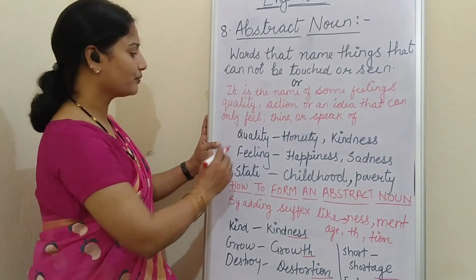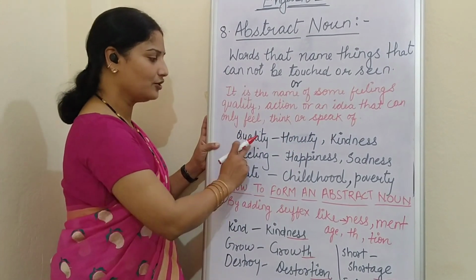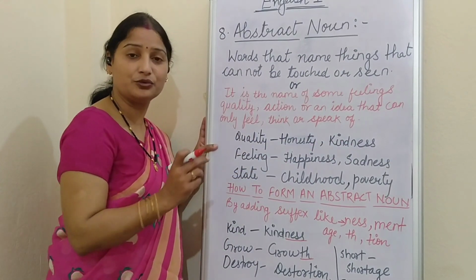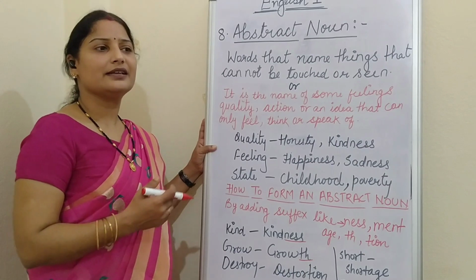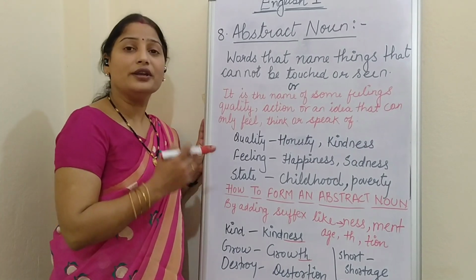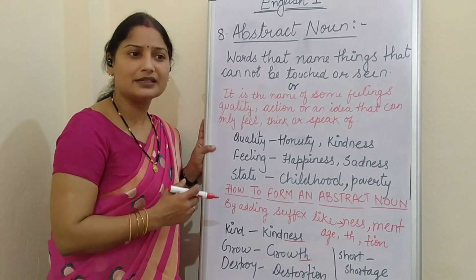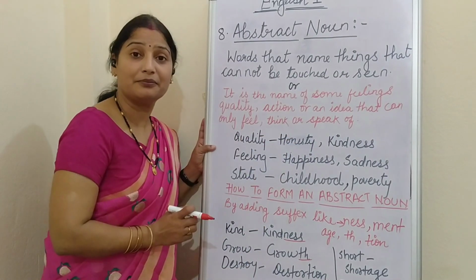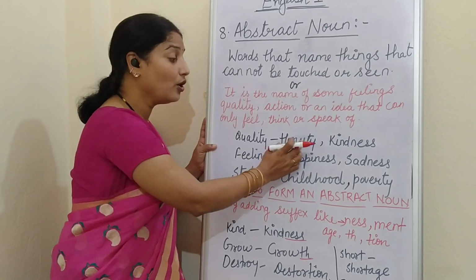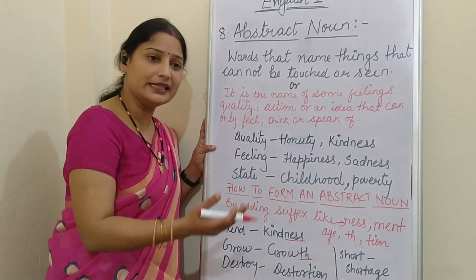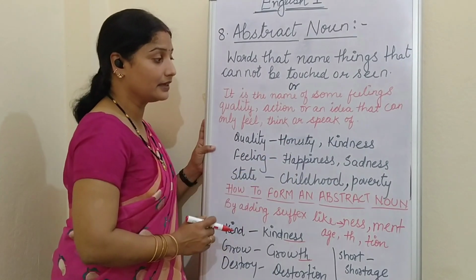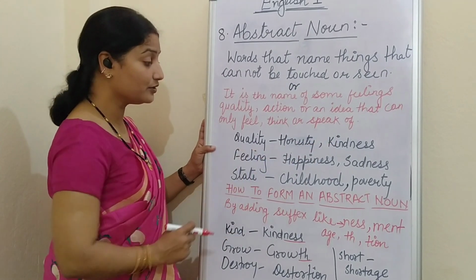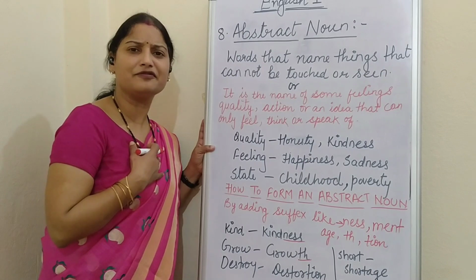For example, quality. In quality, honesty and kindness. Students, if we say that Ram is an honest boy, it means we are telling the quality of Ram. That is, he is an honest person. In the same way, kindness also gives the quality. Now, come to the feeling, our inner feeling.